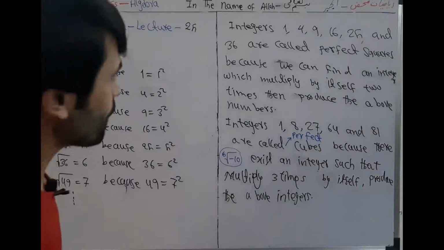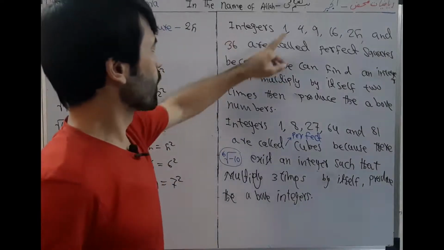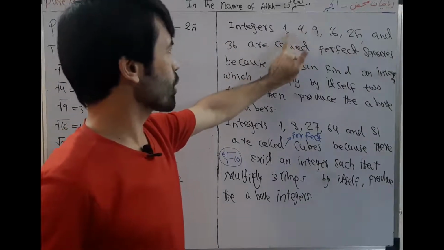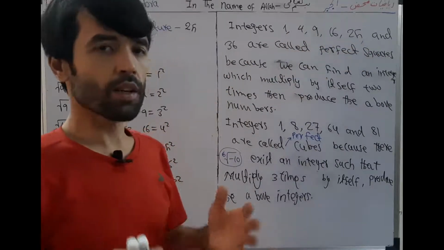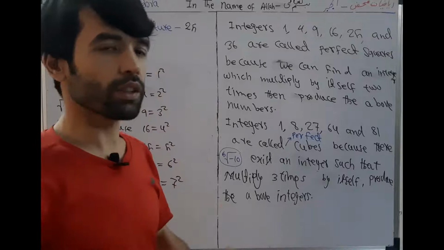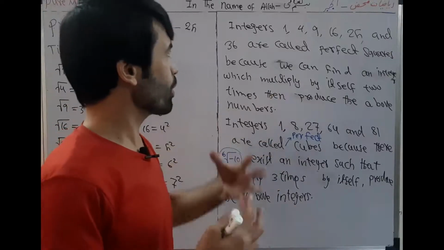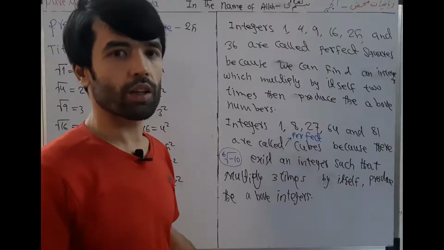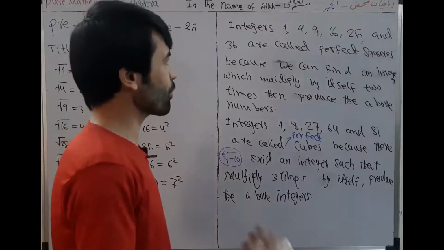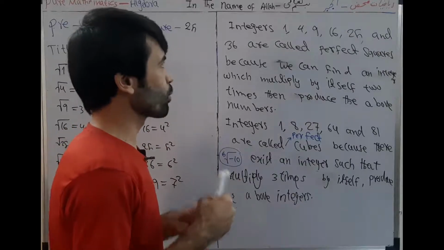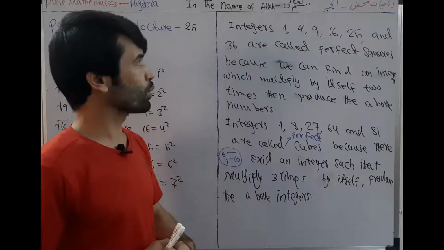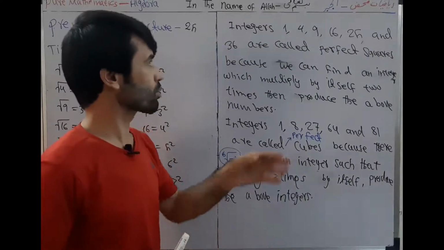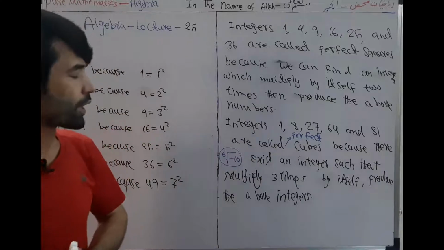Similarly, the integers 1, 4, 9, 16, 25 and 36 are called perfect squares because for every one of them we can find a number which, if we multiply it 2 times by itself, gives them.